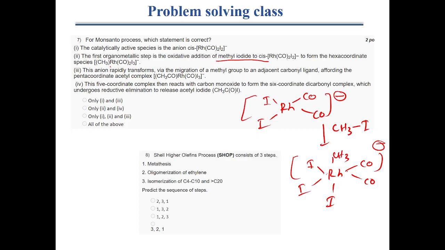So this insertion happens from this pentacoordinated compound, CH3CO Rh CO I3. This pentacoordinated compound will form.